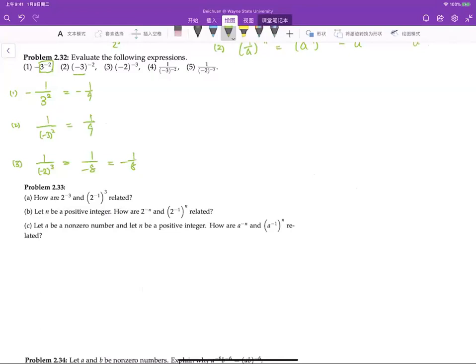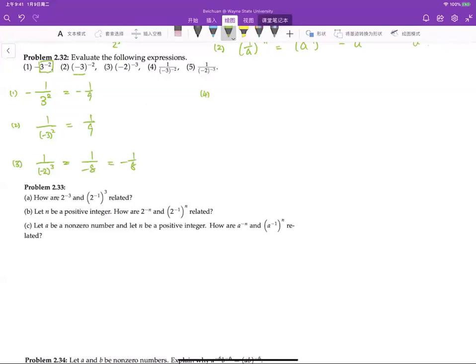So anyone wants to answer the question? Anyone wants to do number 4 and number 5? Okay, Andrew, go ahead. So A, how are 2 to the negative third and 2 to the negative 1 to the third related?